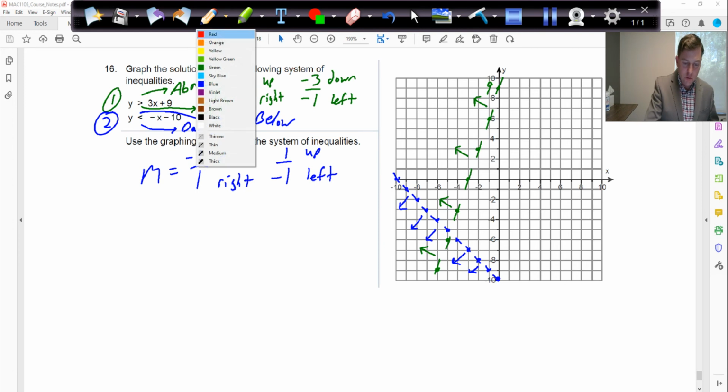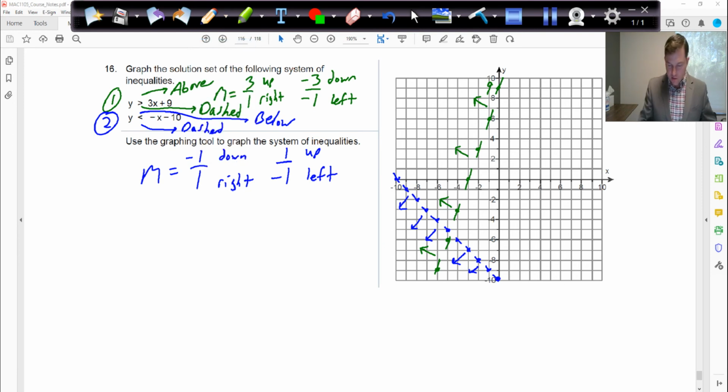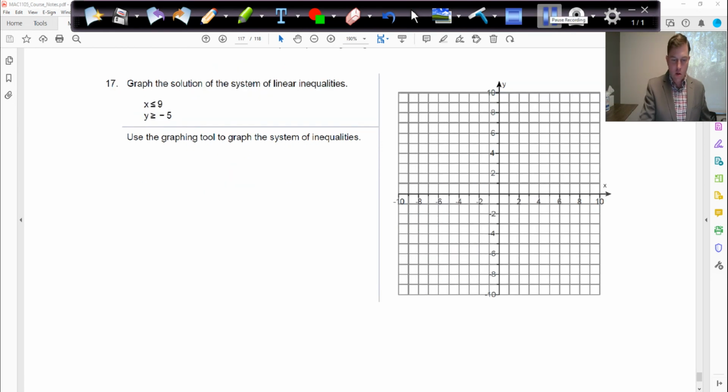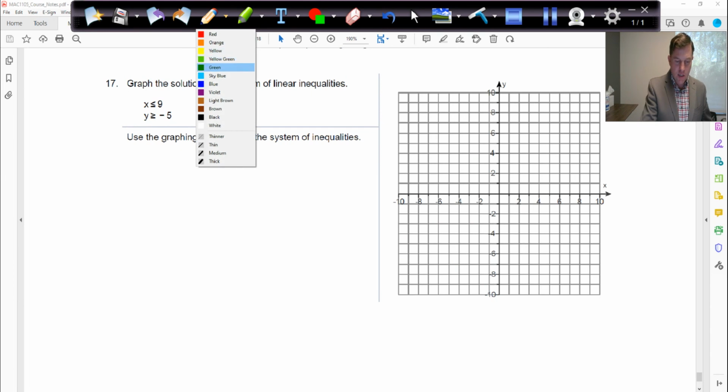And again, the only region that has both arrows pointing in a similar fashion is this chunk right here. So anything in here would work for both inequalities. Okay, so that's 16.